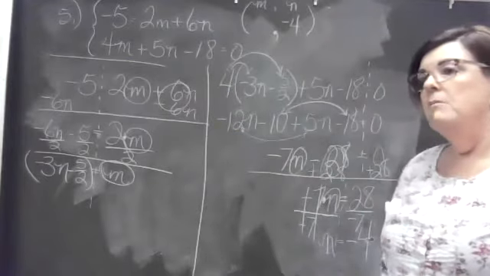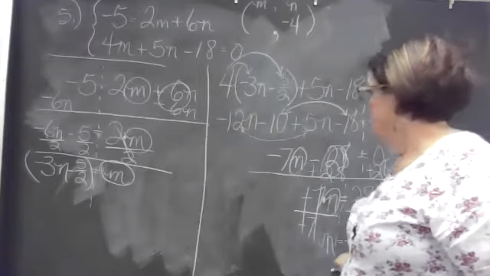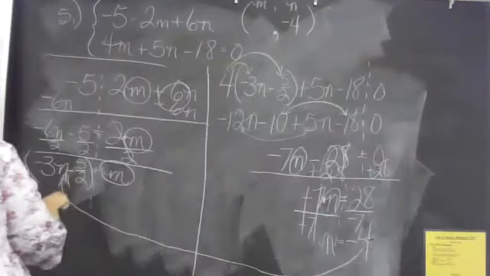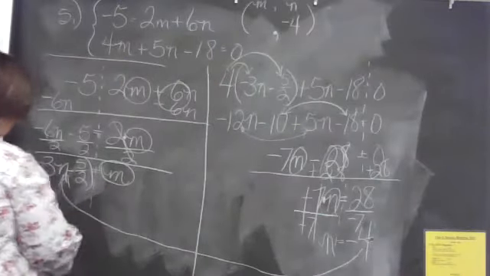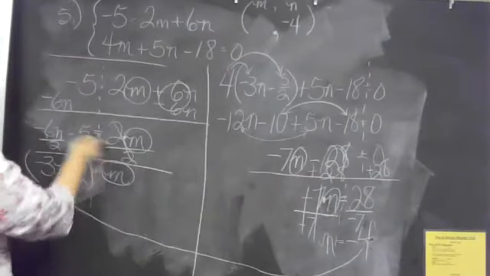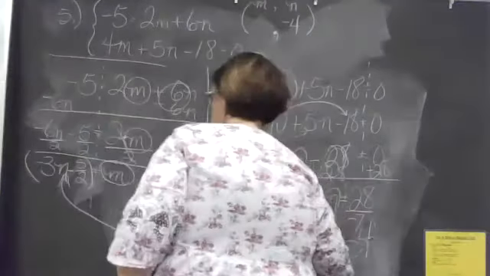Now I have to find the M, but usually that's pretty easy because the equation that we solved for says M equals. So all I have to do is plug this in and then do the math.